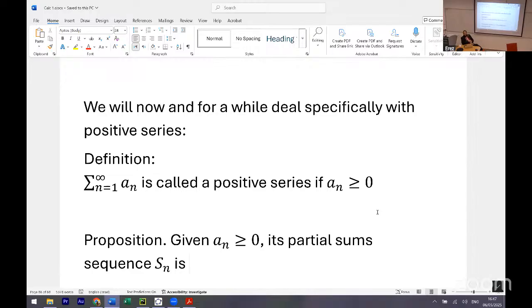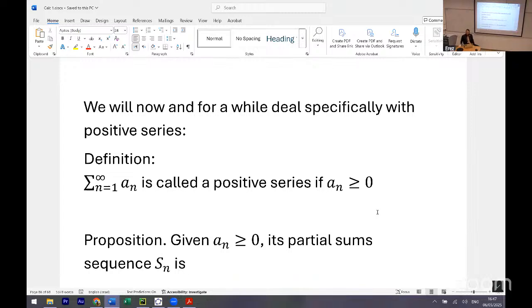All I know is that the sequence I wish to add up consists only of positive numbers. What does it mean for the partial sum sequence? The first thing, and it's true, is that it's also bigger than 0. But I wish to say something better.